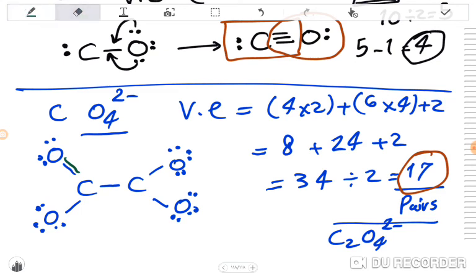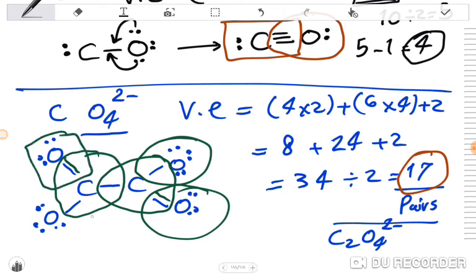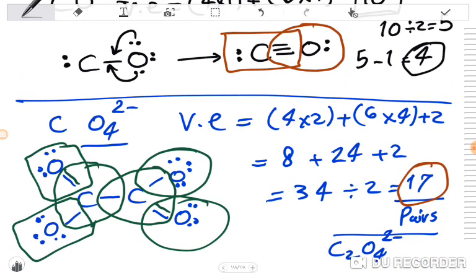And do this with another oxygen on the right side. The structure is correct with 17 pairs of electrons. The carbons are octet. The oxygens are octet. No problem. This is a correct structure for the oxalate ion.